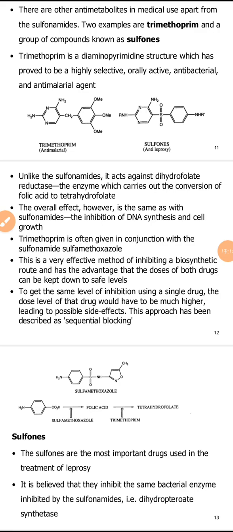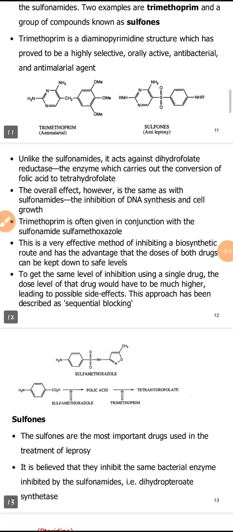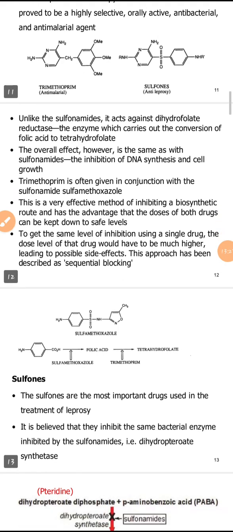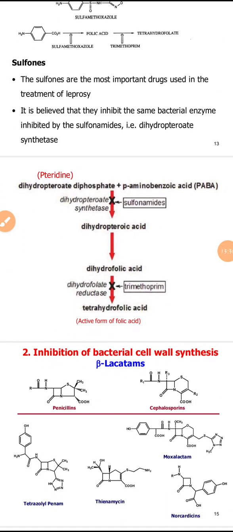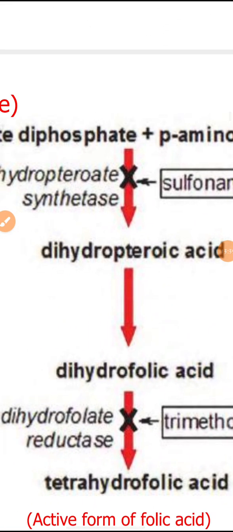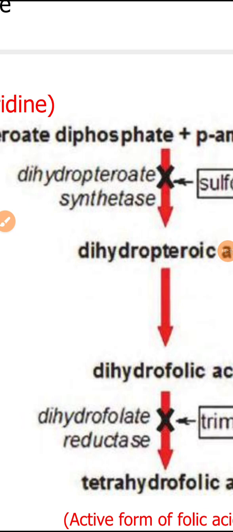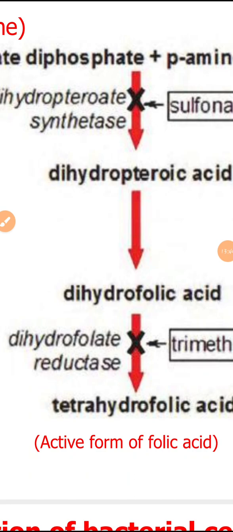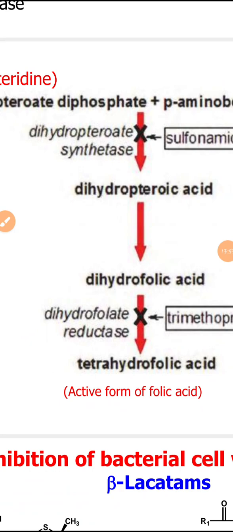Here, both of these drugs, sulfa drugs and trimethoprim, are anti-metabolites, but they differ on the enzyme which they inhibit. Mainly the sulfa drugs and the sulfones inhibit the dihydropteroate synthase enzyme, but trimethoprim inhibits the dihydrofolate reductase enzyme.